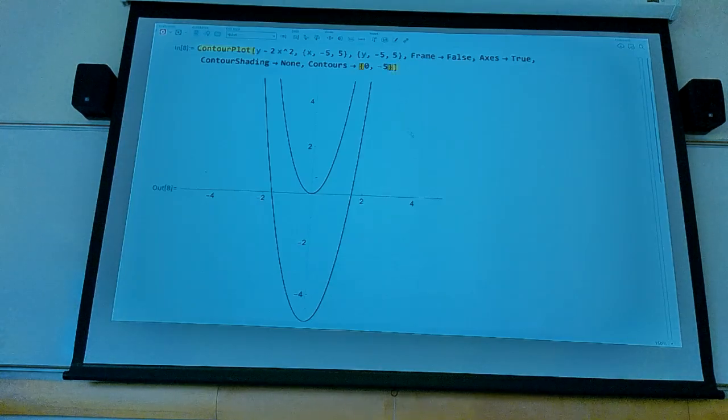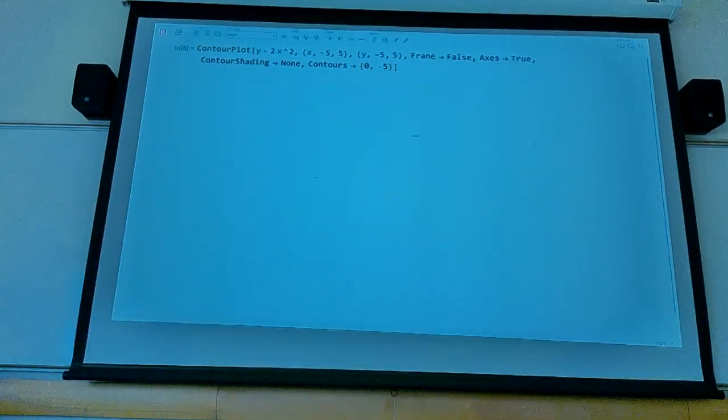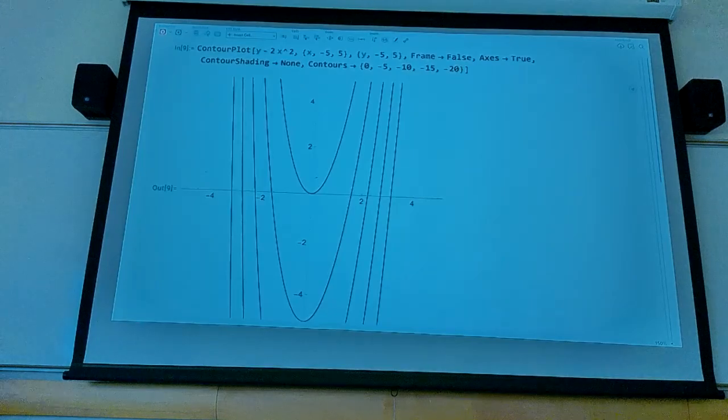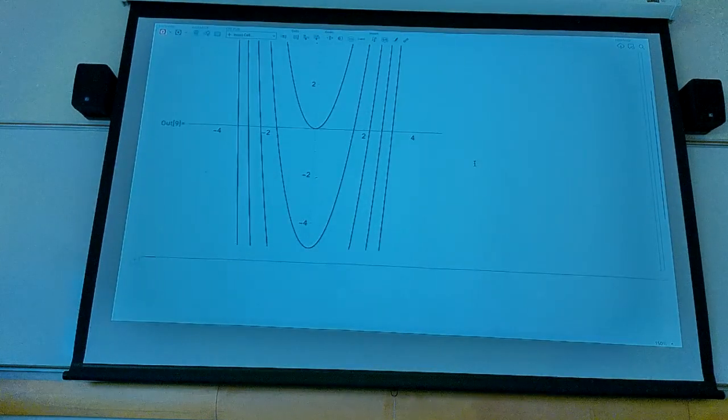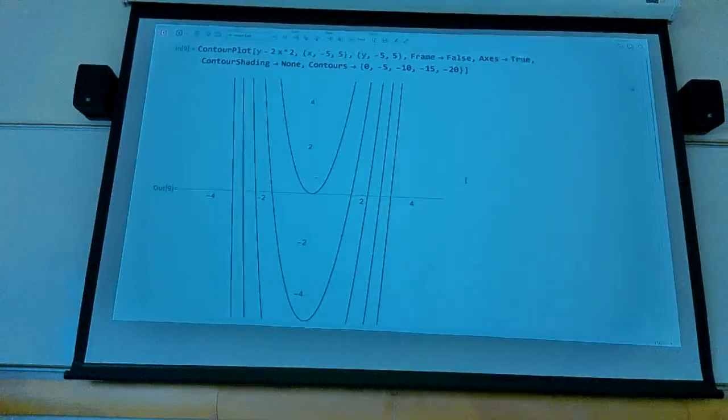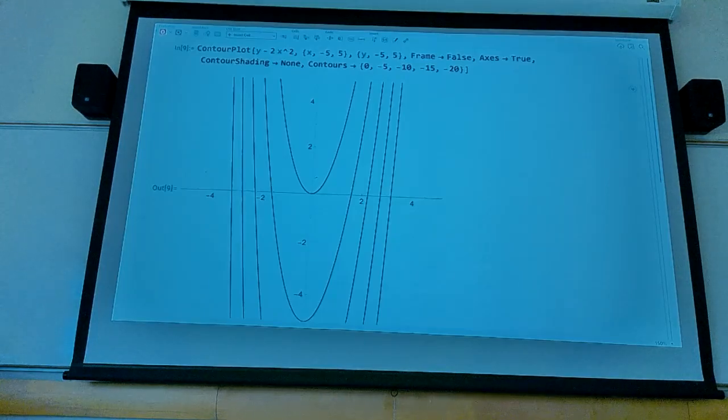Doesn't let me get things set like that. Use those. You just have some fun with it. Can I put the labels on there? I think I can.